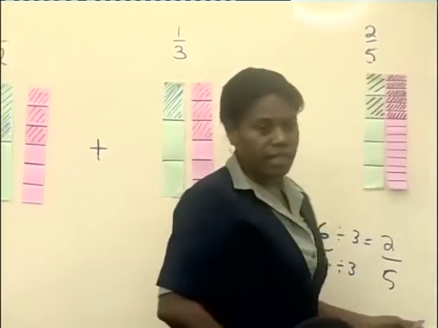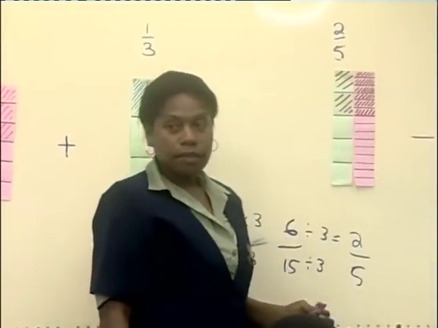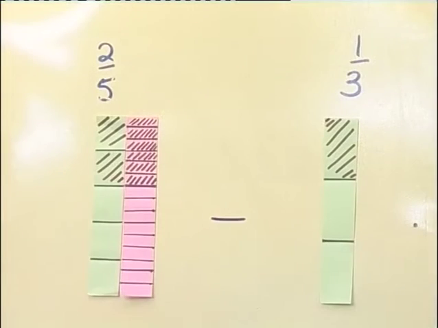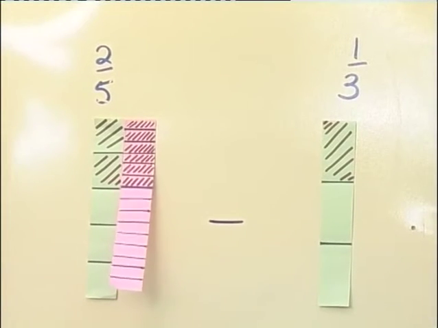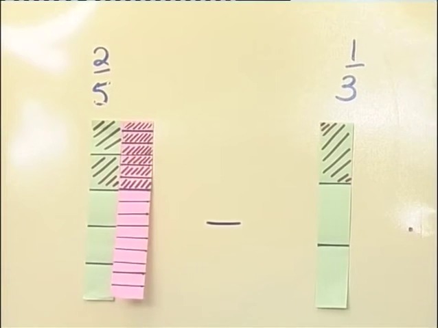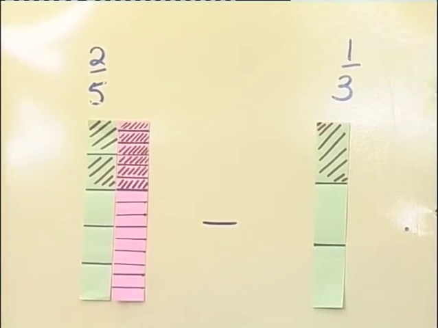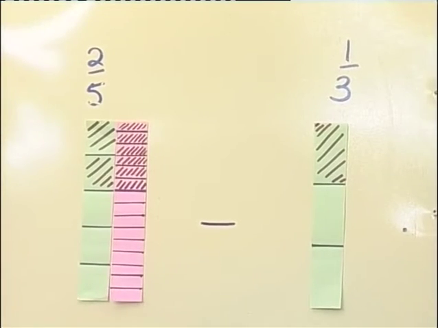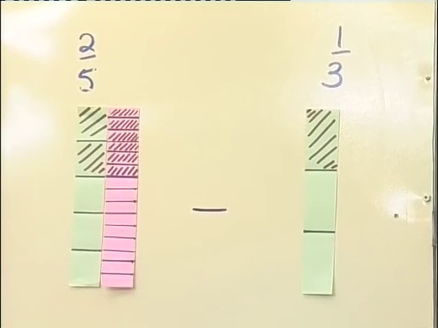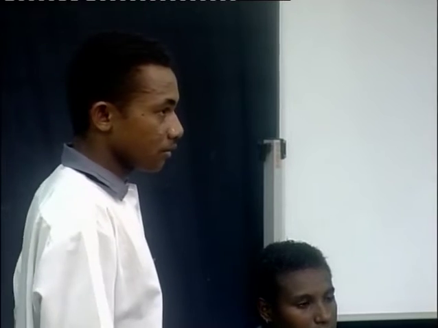All right, what about 1/3? How many 15ths is equal to 1/3? How many 15ths is equivalent to 1/3? Come on, we should have some answers now. Thank you. 5/15. You others agree?